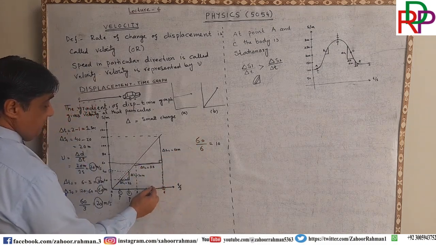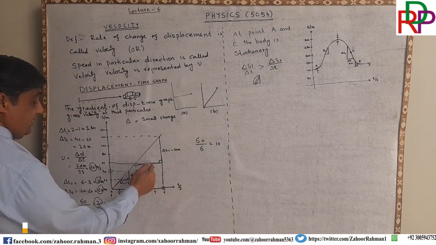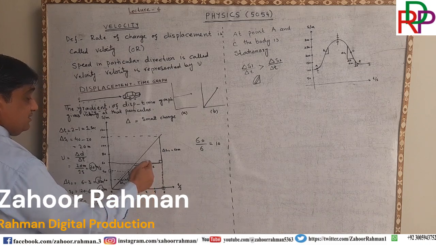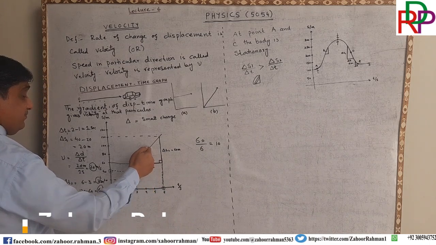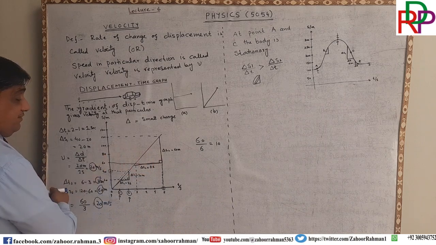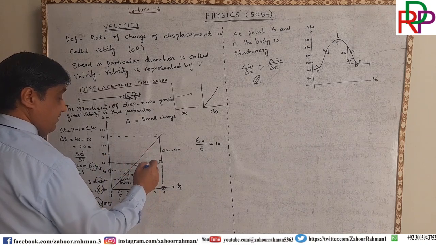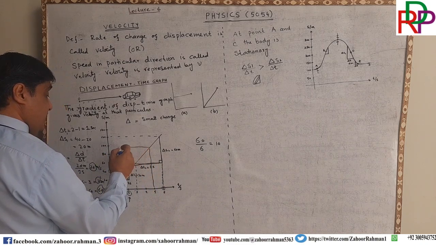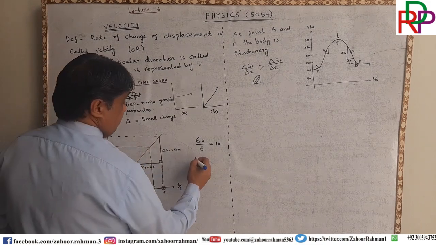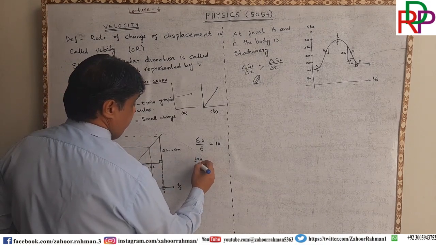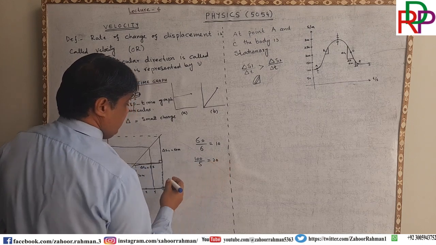If you are taking it like this and you are saying 100 for 5, then 100 divided by 5 is equal to 20.